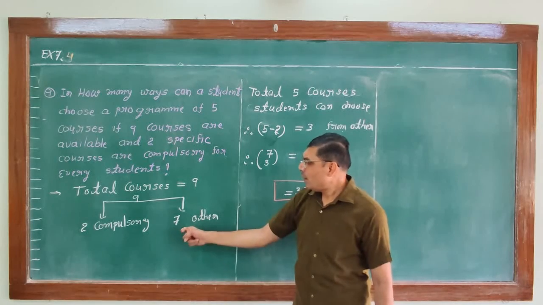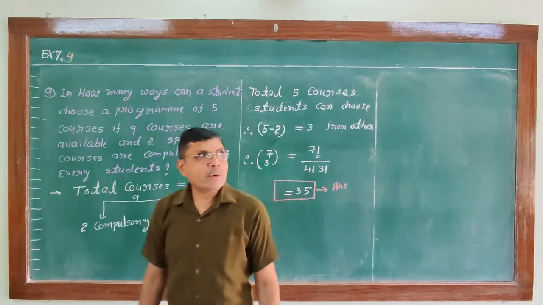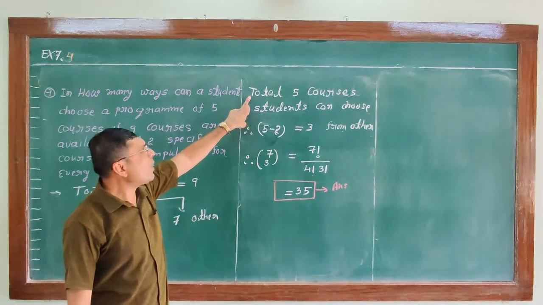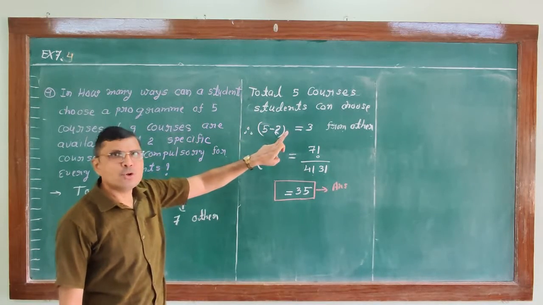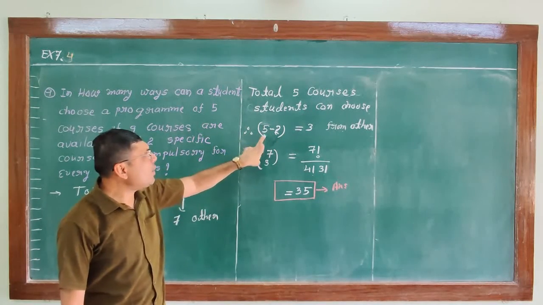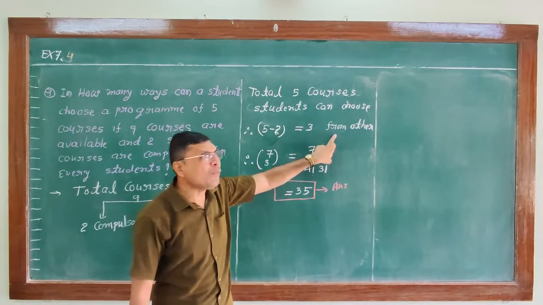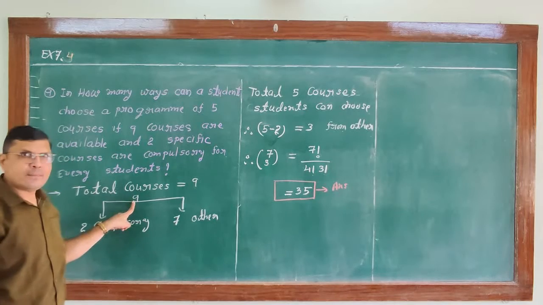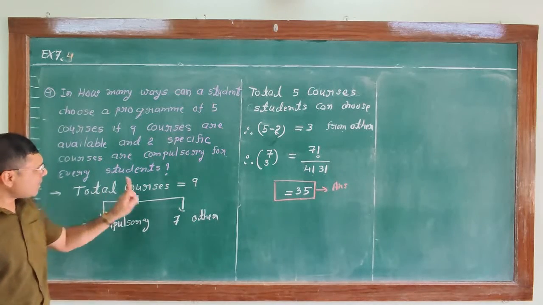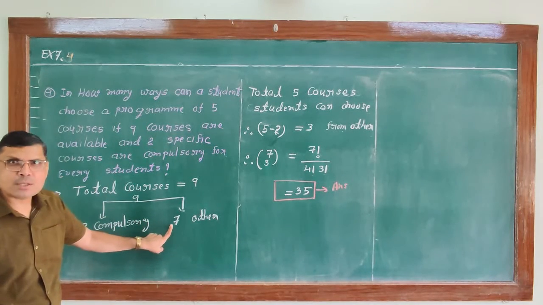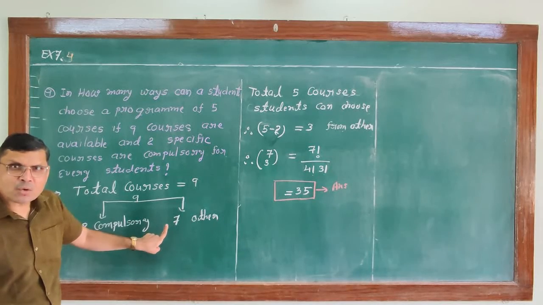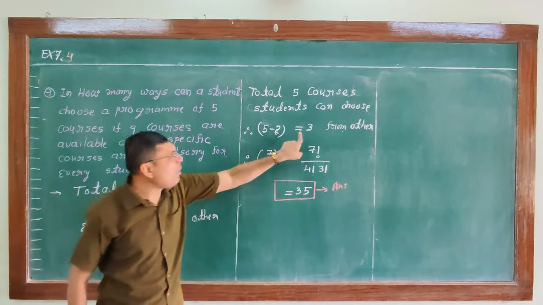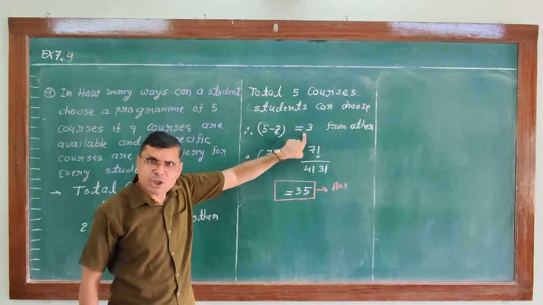So in how many ways can you select? Total 5 courses a student can choose. 5 minus 2, so 3 from the others, because 2 are compulsory. So 9, 2 compulsory, means now we have 7 courses left, and out of 7, now I have to select 3.